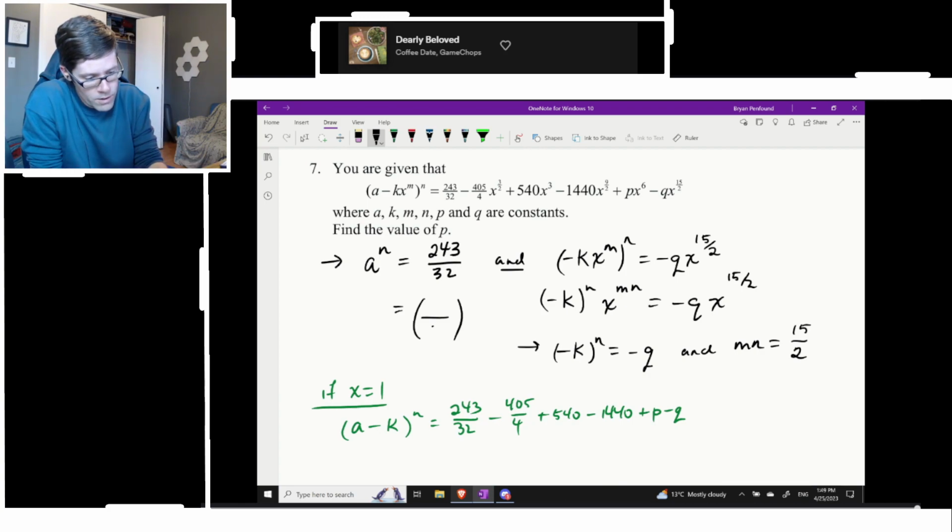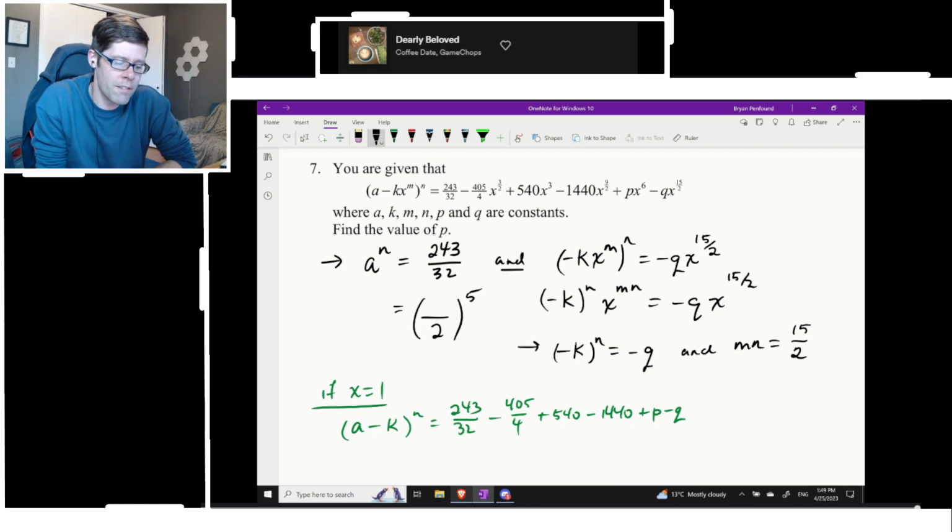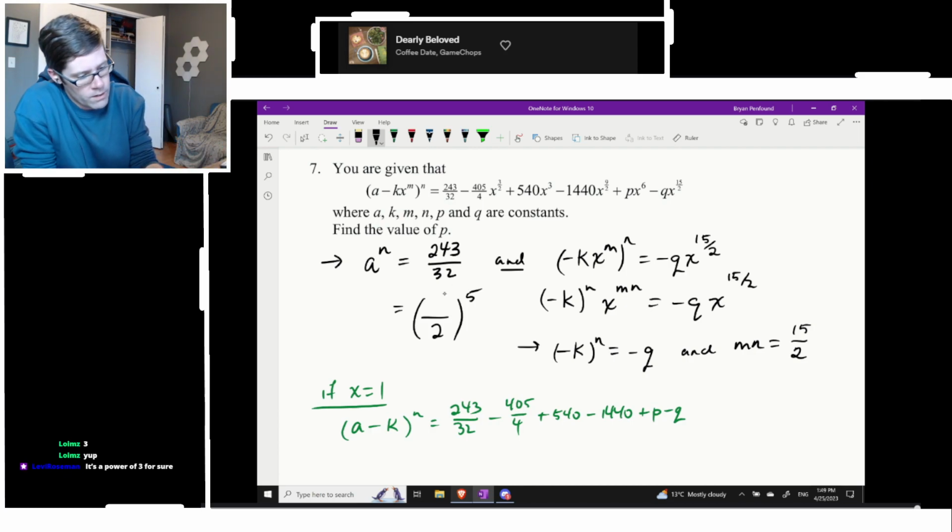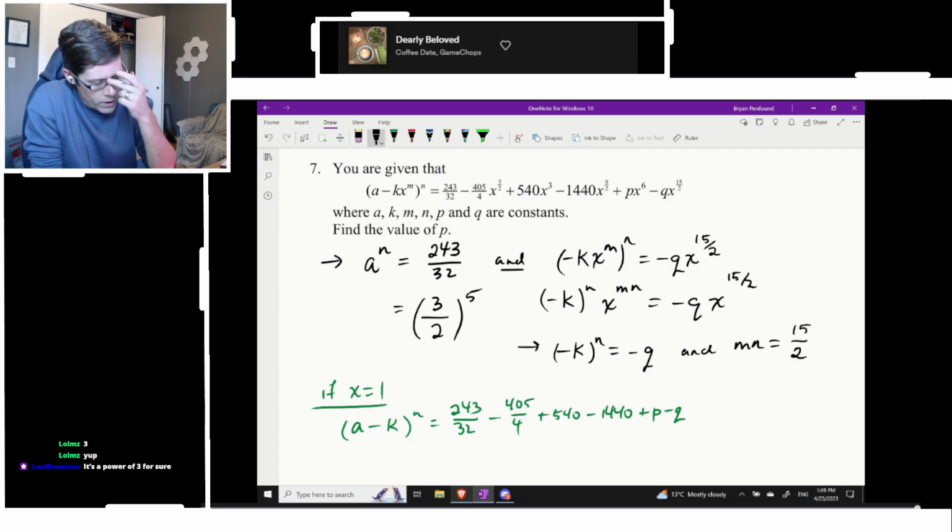This looks like 2 to the 5 down here, personally. 32 is 2 to the 5. Is 243 something to the power of 5? Is that 3 to the 5? It's divisible by 3, so is this 81 times 3? Okay, that's helpful. That's going to give us a and n.